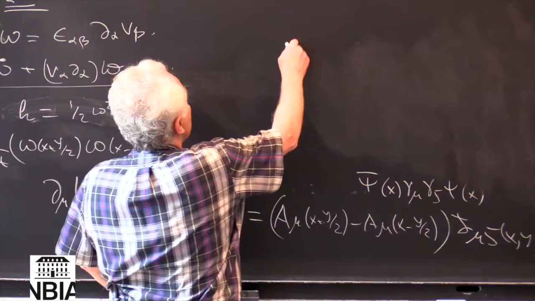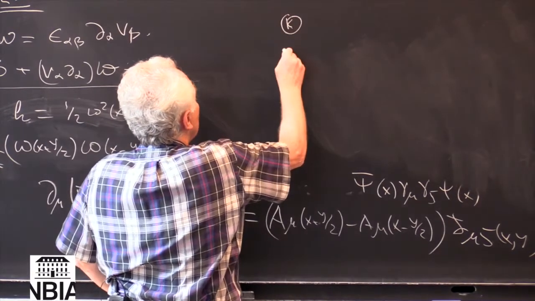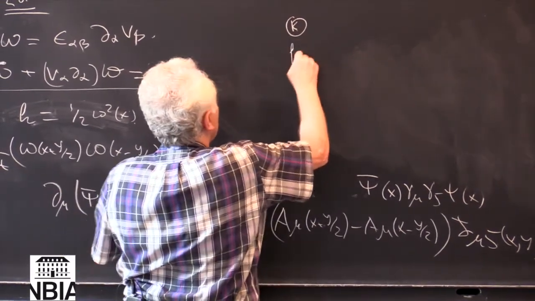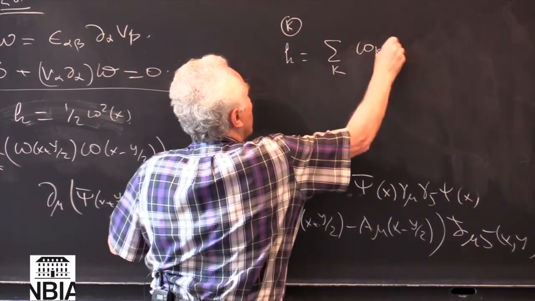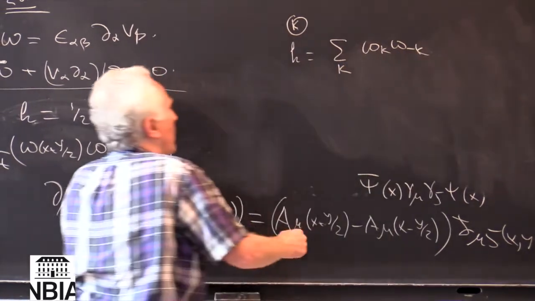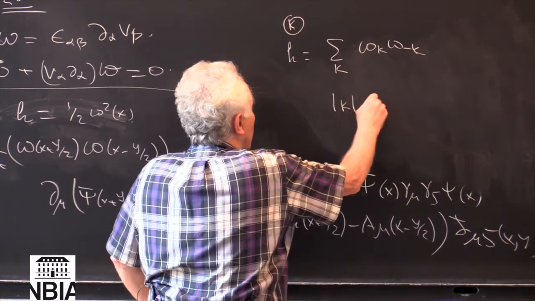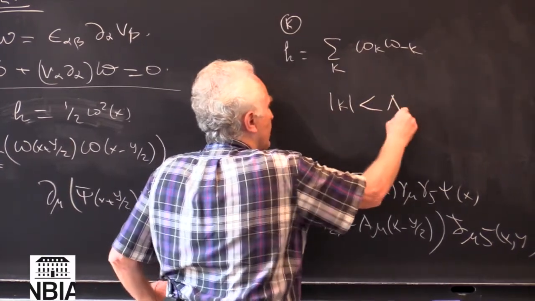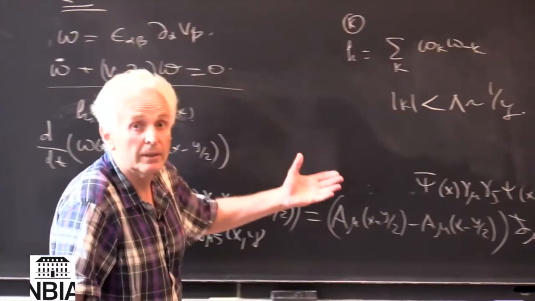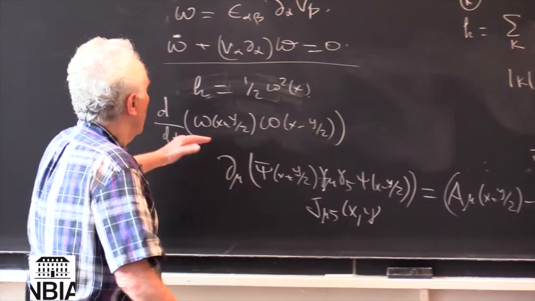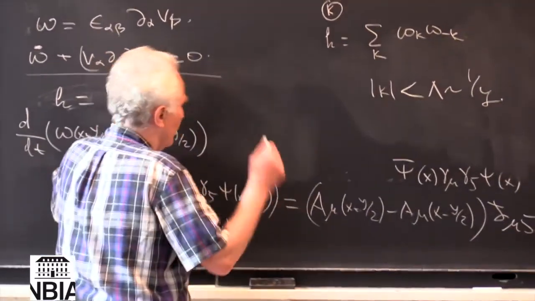To explain what it really means, it's useful to go to the momentum space. In the momentum space, entropy itself is a sum over all possible momenta, omega k, omega minus k. But point splitting is equivalent to saying that k is less than lambda, which is of the order of 1/y. That's the standard stuff in quantum field theory.